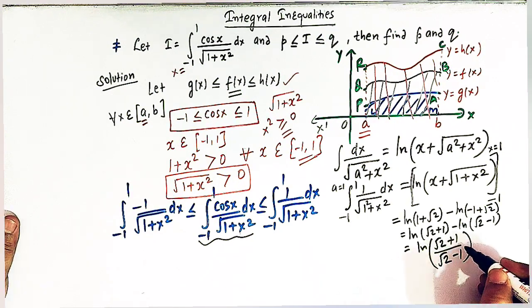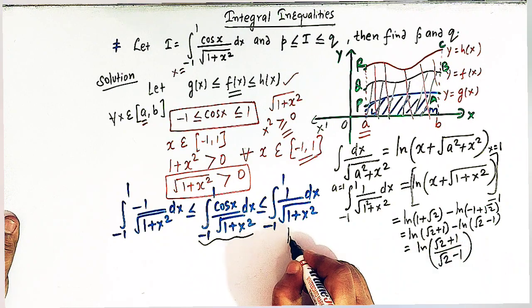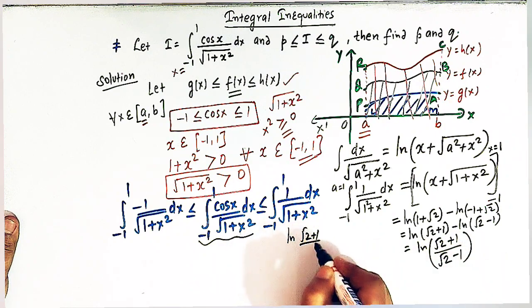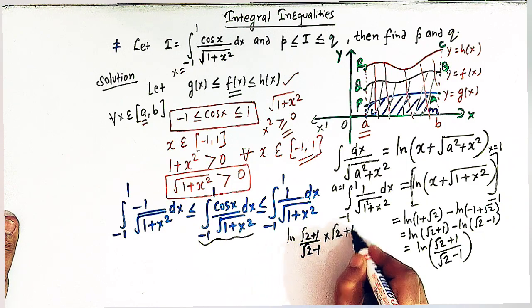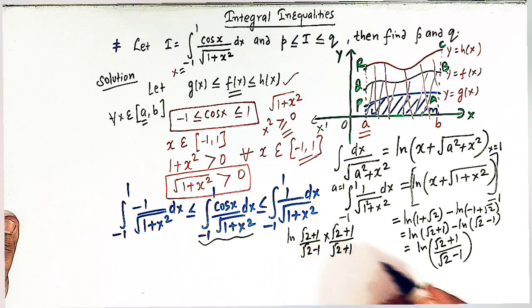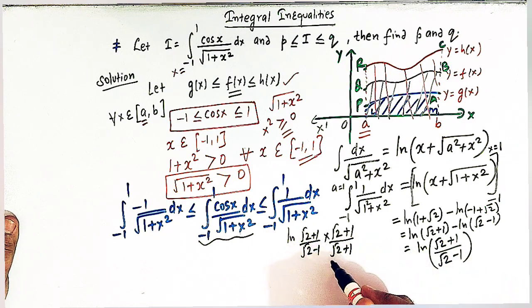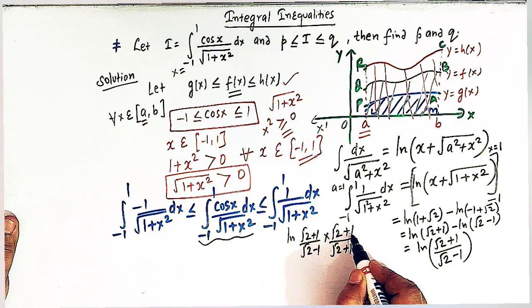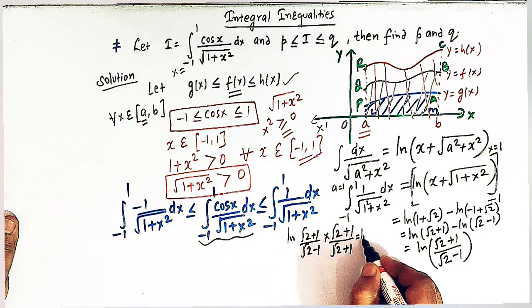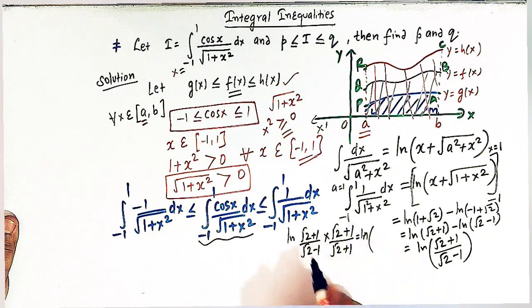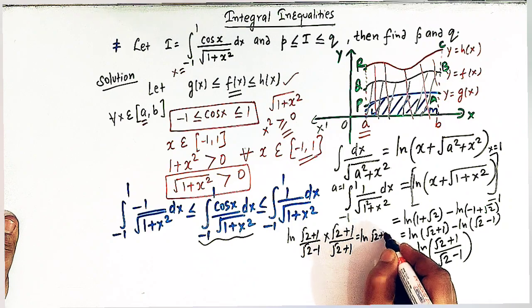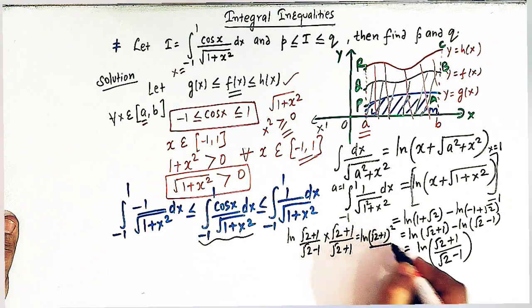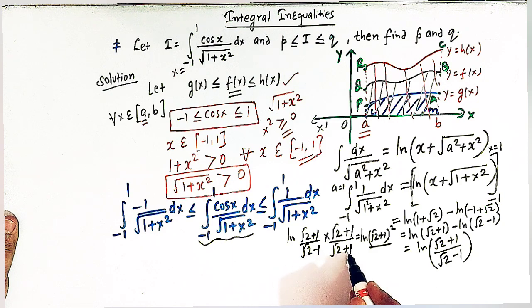So now if we rationalize, multiplying the numerator and denominator by square root of 2 plus 1, we have log of square root of 2 plus 1 whole square over, in the a minus b, a plus b form, that is a square minus b square.